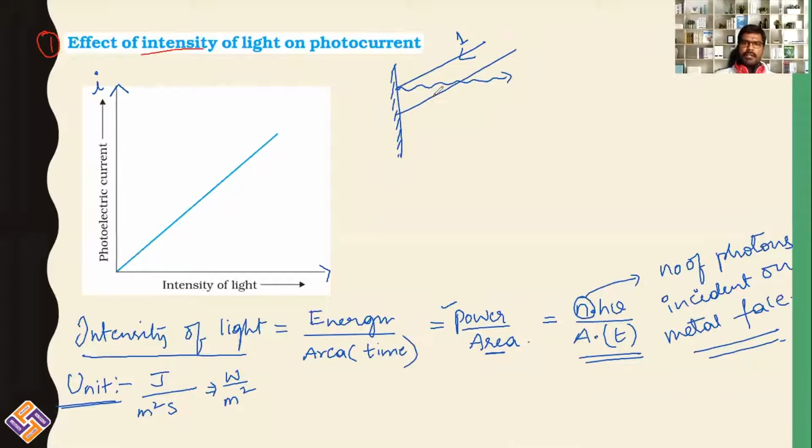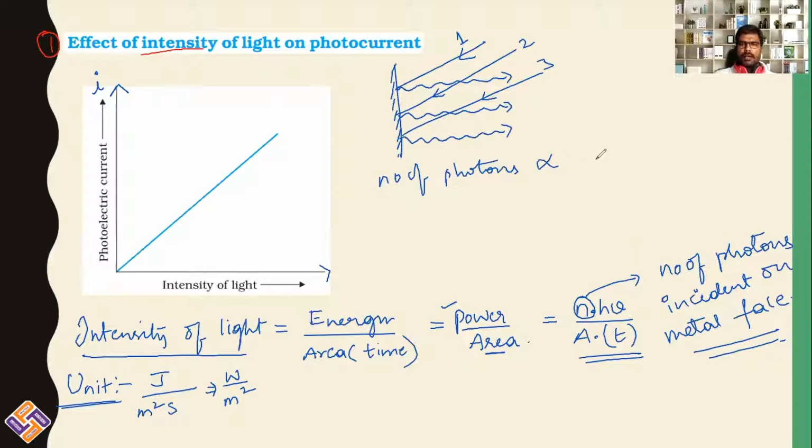Another photon incident at number 2 will eject one electron. Another photon incident on this metal plate, number 3, will eject one electron. Therefore, clearly you can understand the number of photons is directly proportional to the number of electrons. Number of photons and number of electrons are proportional to each other.